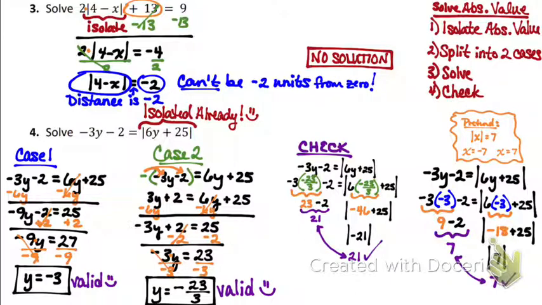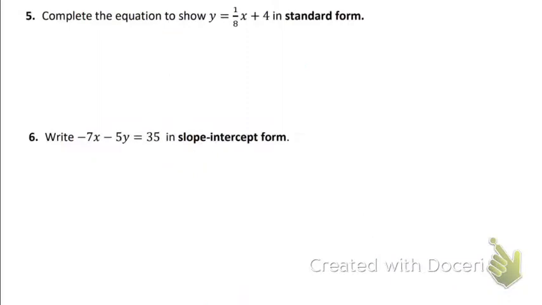Problem number 5 says we want to rewrite our equation into standard form. Standard form of an equation. And I will make sure that you guys have all the forms tomorrow. If they're not printed on the test, I'll have them written on the board. Standard form is ax plus by equals c.